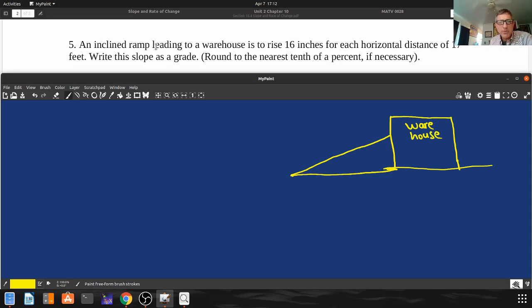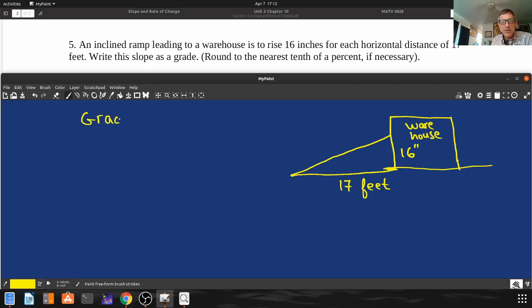So an inclined ramp leading to a warehouse is to rise 16 inches for each horizontal distance of 17 feet. So this is inches and this is feet. So this is not going to work. We have to find the grade.